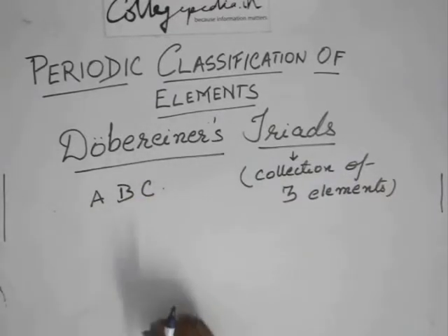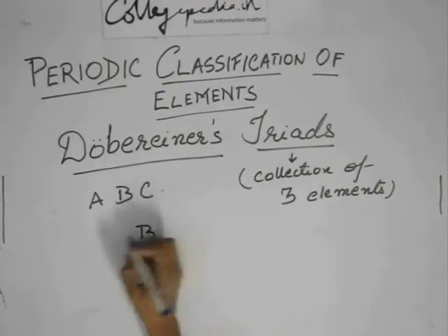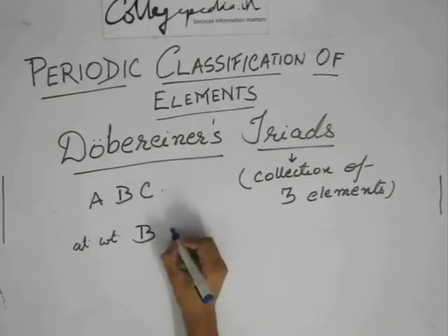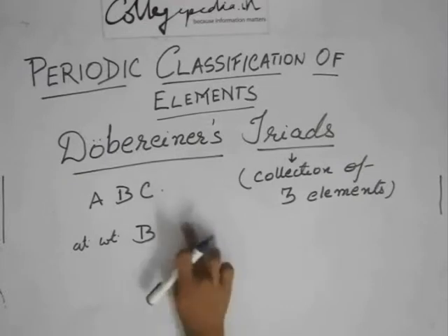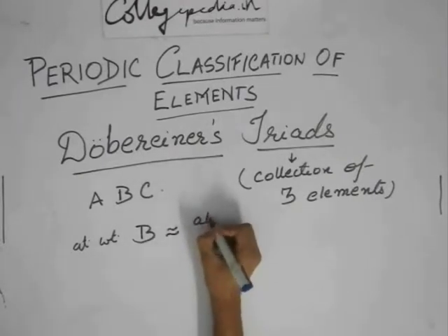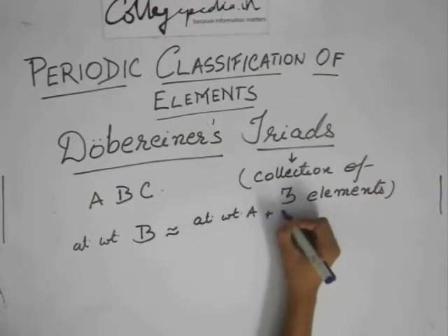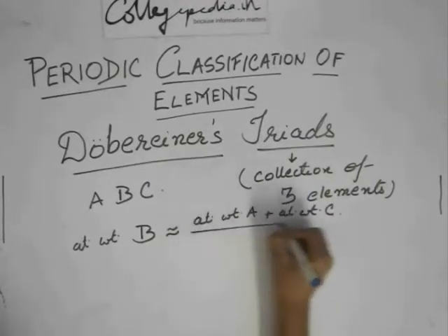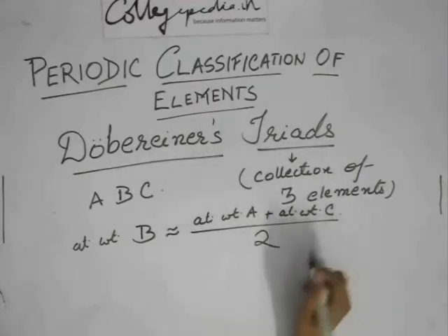And he observed that the atomic weight of B is roughly equal to the average of atomic weight of A and atomic weight of C. That is, atomic weight of A plus atomic weight of C by 2.